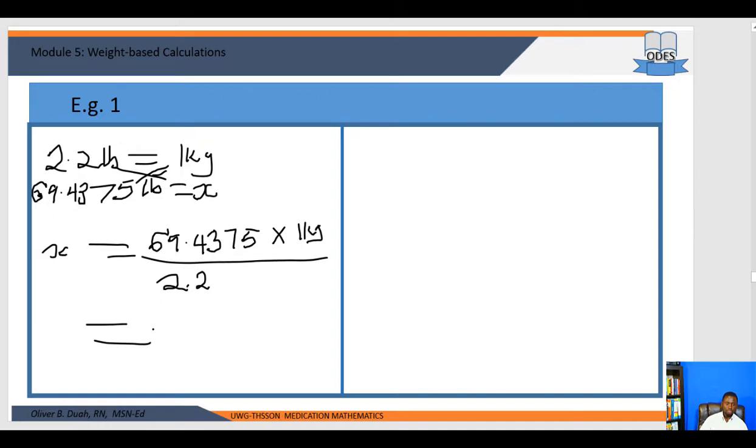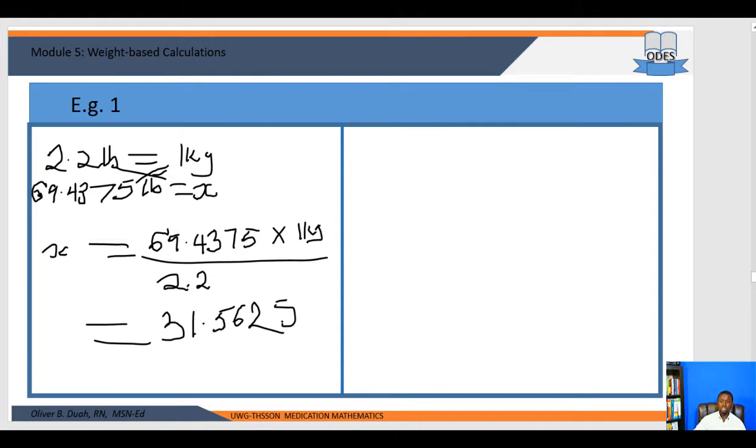Our 69.4375 divided by 2.2. That is going to give us 31.5625.